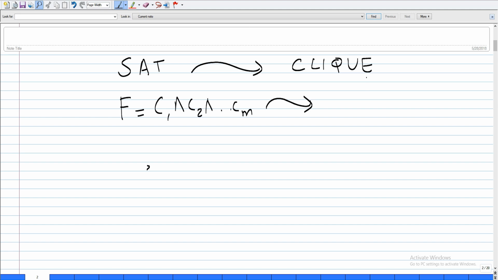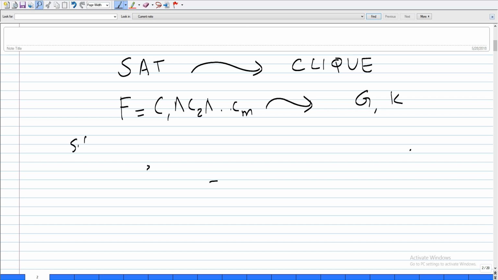and what is the input to a clique problem? Not just a graph and an integer, because the decision version asks, given a graph and the integer k, is there a clique of size k, right? So I need to do this. So I need some function. I need to come up with this function. Okay, and what is the property I want the function to satisfy?